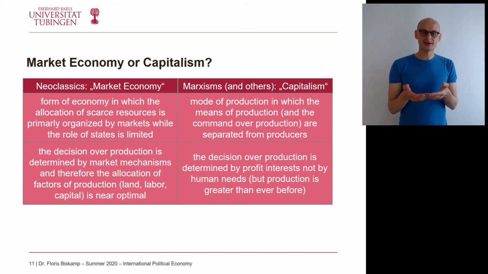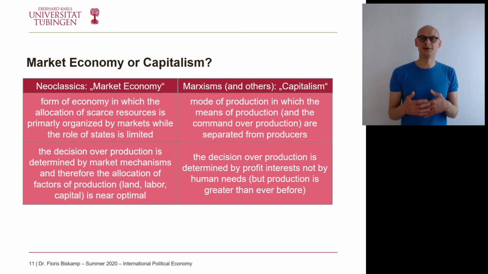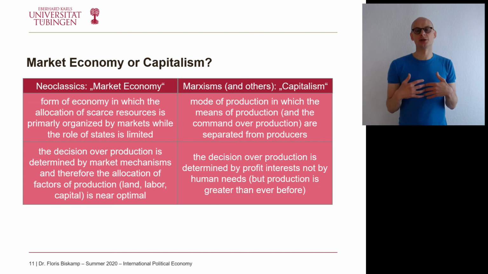If you are a neoclassic, you would say, well, in the market economy, the decision over production, so the decision if there will be production, the decision what will be produced, is determined by market mechanisms, and because it's determined by market mechanisms, the allocation of the factors of production, so land, labor, and capital, is somewhere near optimal.